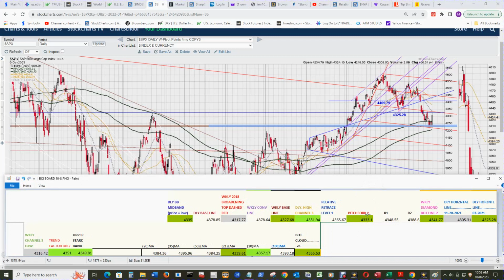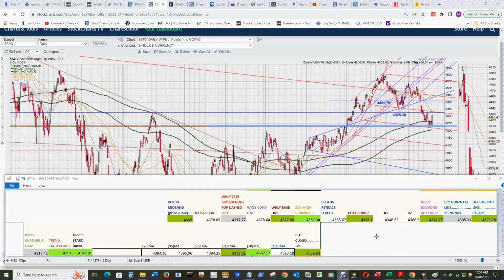Gets above there and starts moving up, then it's the bottom of the cloud 26 bars back that we've been talking about here, and the levels around there are indicated in that bright green here. So that trend factor down to upper stark band, which will probably move up into the 4350 zone, and the 20 simple moving average, which is still in a downwards trajectory, so it should be pretty close to this cloud level here, and the daily high channel 3, 4352.